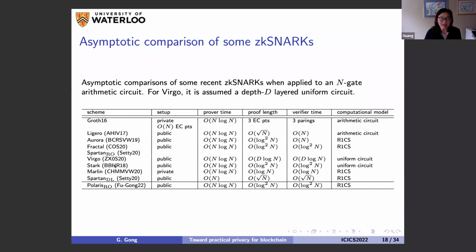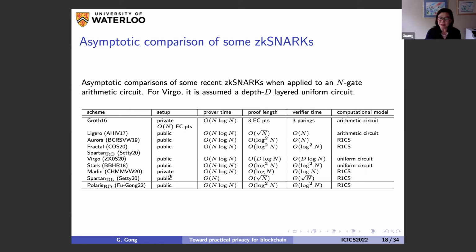Then come the works Libra and the SNARK applied to uniform circuits. So this is a more specific circuit now, but their proof size and verifier time are on the log scale. And Marlin, as I mentioned, has a private setting.